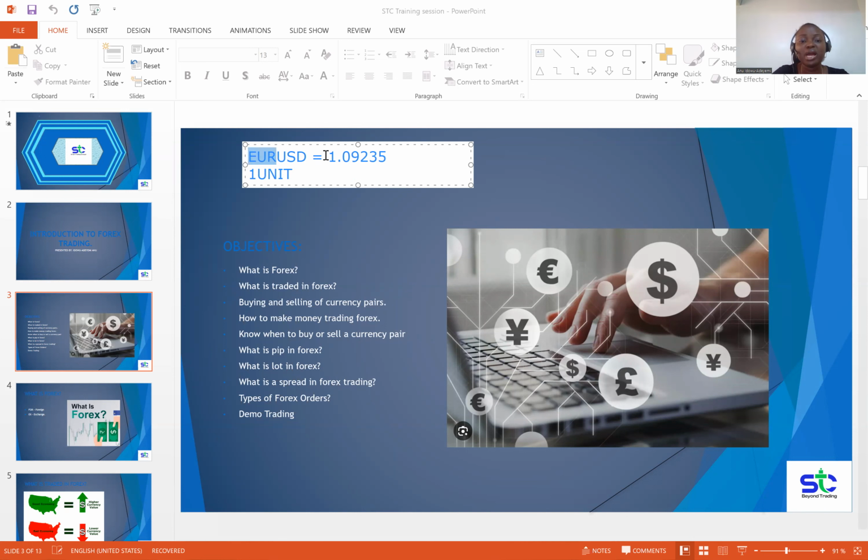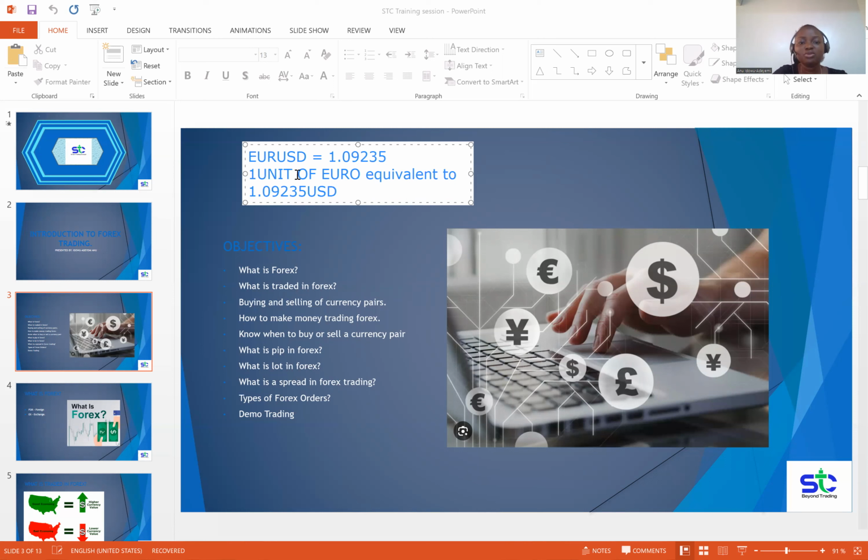So 1 unit of euro is equivalent to 1.09235, which is the price I have here, but this price is now in US dollar.